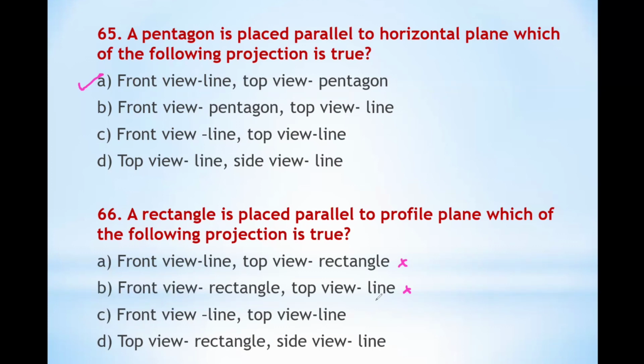So that's why option C is the correct one. The next, top view is rectangle, side view as a line, so it's also not correct. Okay, so option C is the correct here. Okay, we'll see next one.